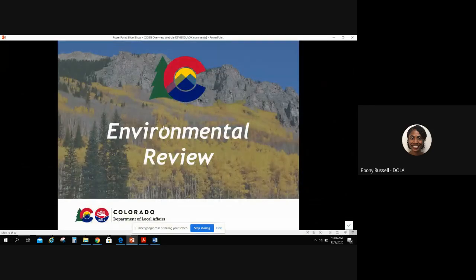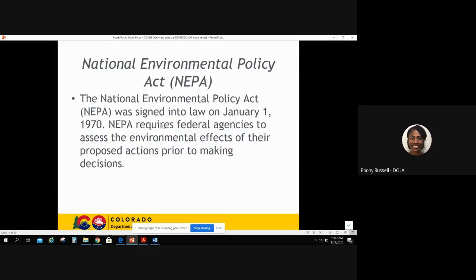So now that we've covered everything that you need to turn in for application, once your application is submitted, you'll be talking to your developer about your federal requirements. And one of them, the major federal requirements, is environmental review.